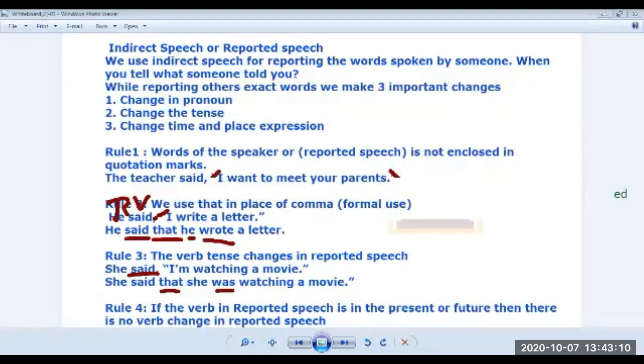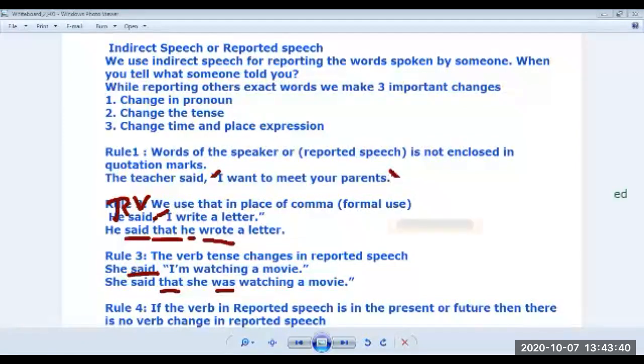I am not saying that I watched a movie or I watch a movie. I am saying that I am watching. That means the action is still happening. I am still watching. So you also have to say that she said that she was watching a movie. If you change watching, then the sense will change. The message doesn't change. You are only reporting it to someone, and then you have to make a few modifications.